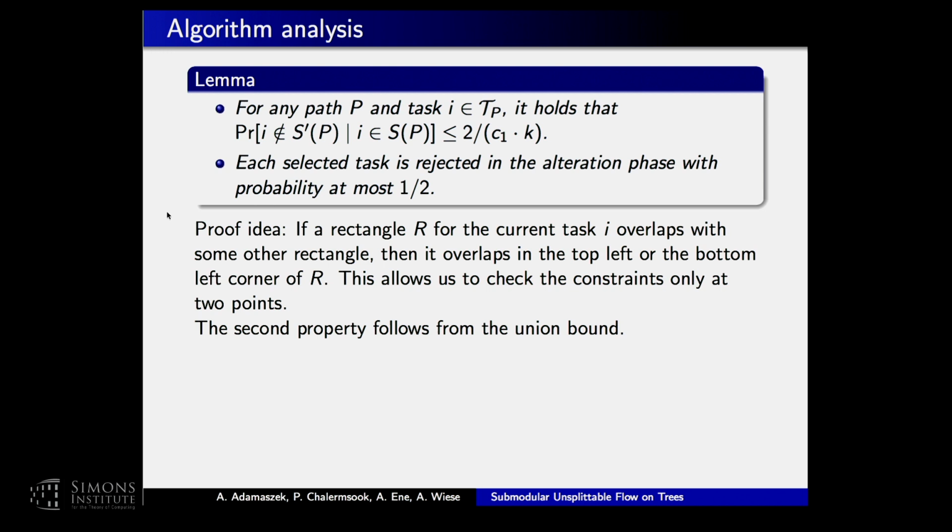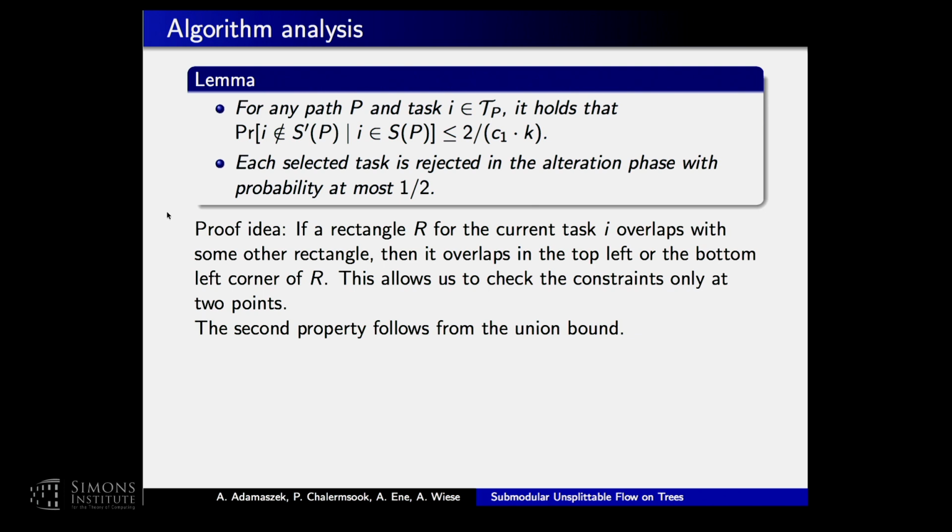And probability of this happening is small because in our LP we had the constraint about how many tasks we can add which overlap one particular point. So because everything has been scaled down by a factor 1 over C1k, that's essentially the probability that a task will not be accepted.